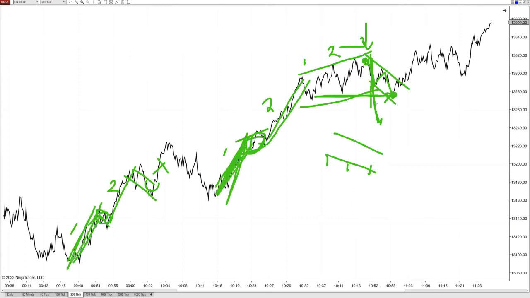So what I needed to see was this to come into this level really quickly. So if it comes in and it's only hitting half of it, it means that I'm going to go and look for just a smaller measured move. So I'll look for the smaller impulse moves instead of looking for those bigger ones.